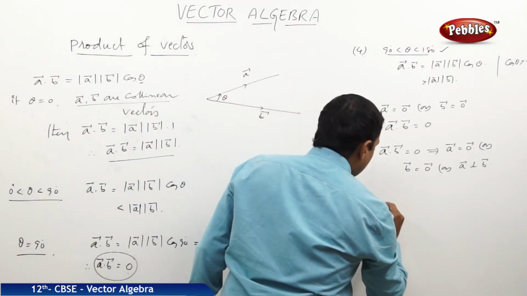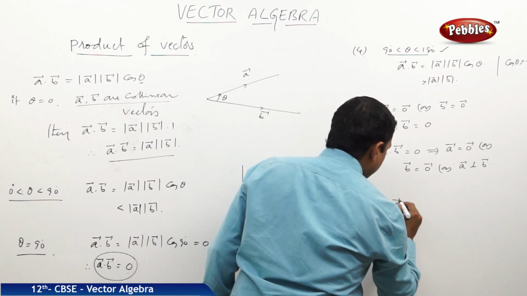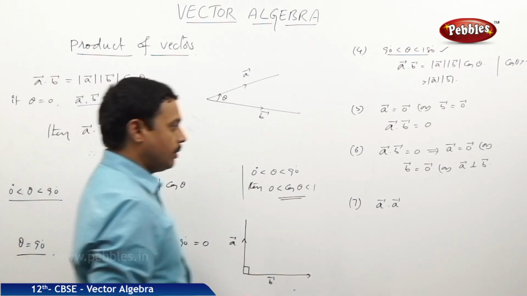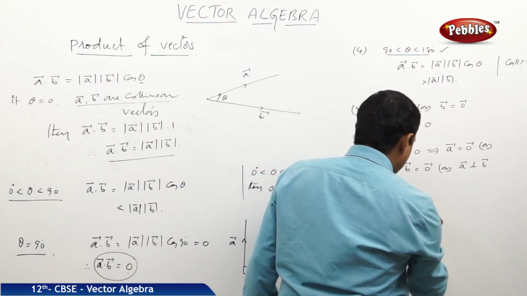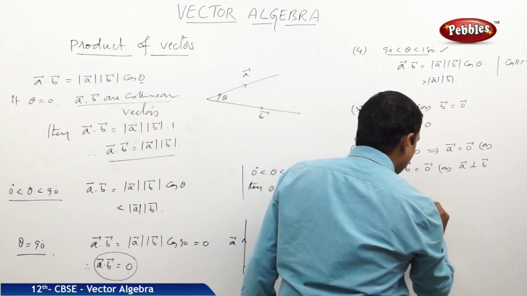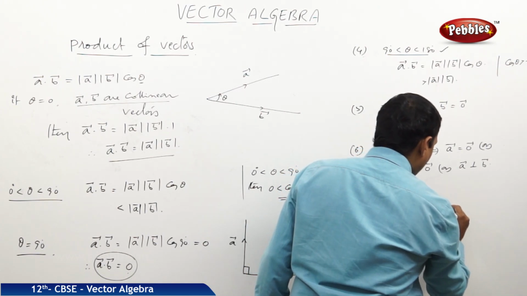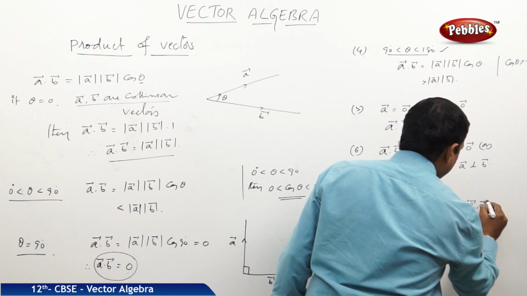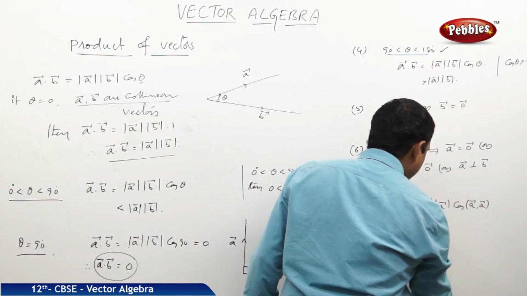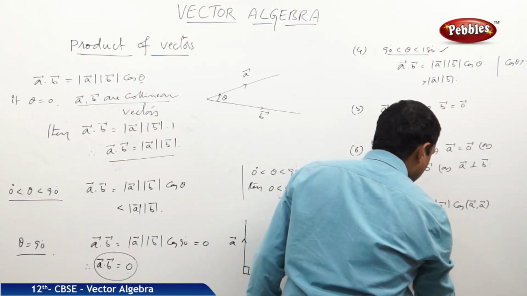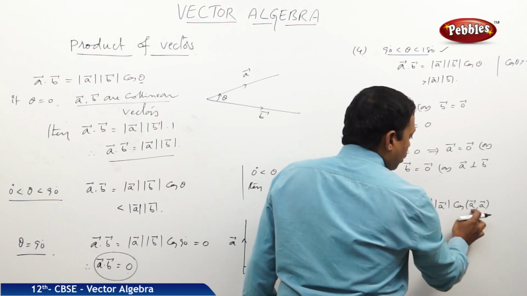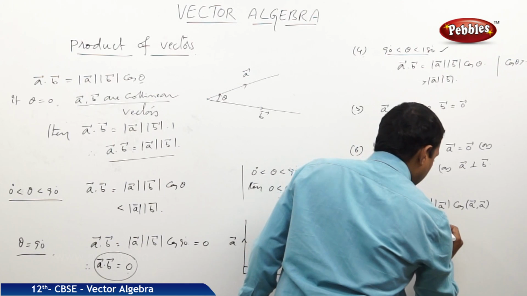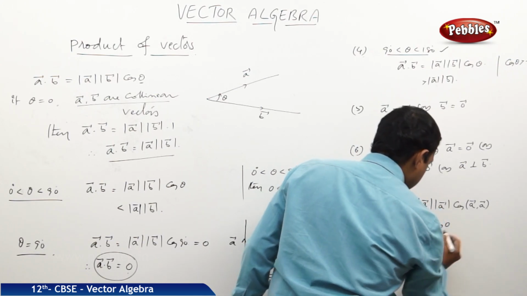Next one. What is the dot product between the same vectors? A bar dot A bar is equal to what? Now, by the definition, A dot A is equal to mod A into mod A into cos of the angle between A and A. The angle between the vector A bar and itself is 0 degrees.